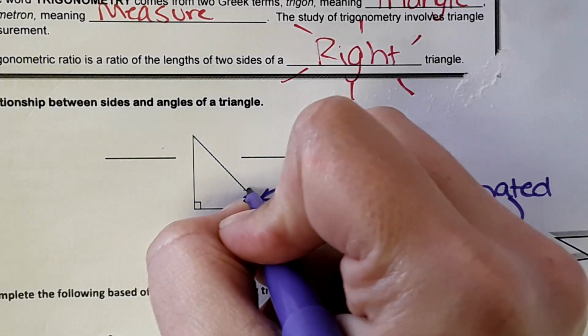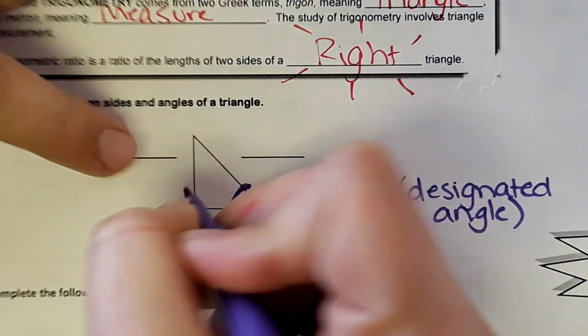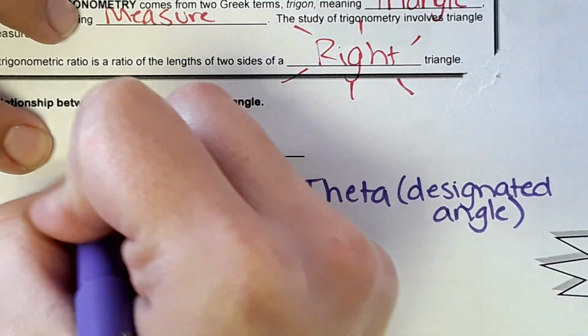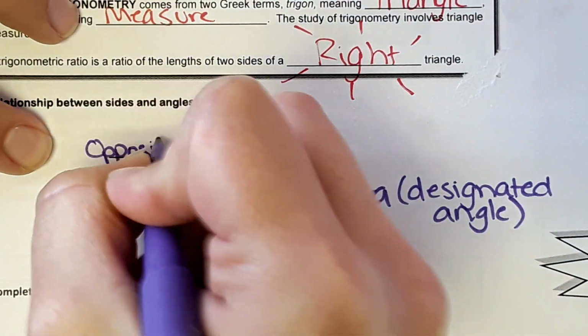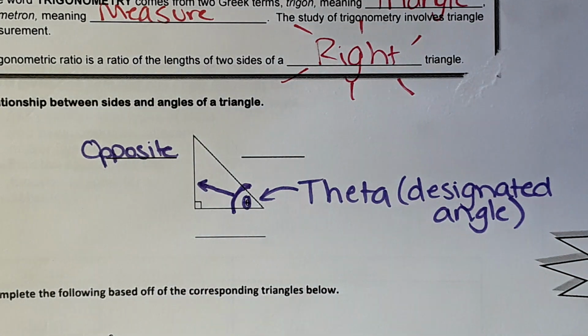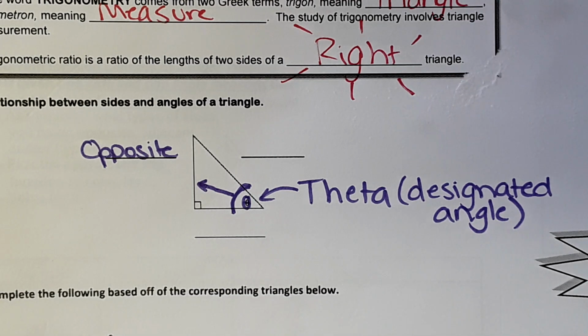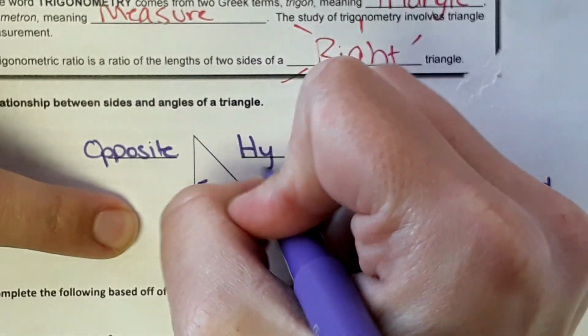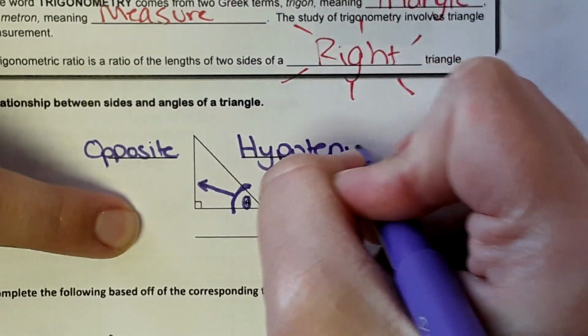Okay, and then from that angle, you have the opposite side. So this segment right here is the opposite. And then of this right triangle, this is the hypotenuse. Hypotenuse is the longest side.